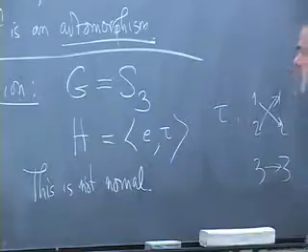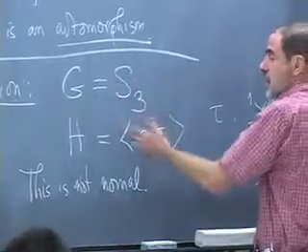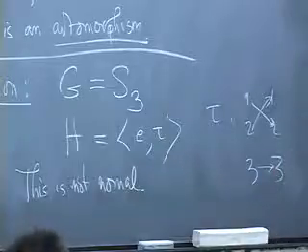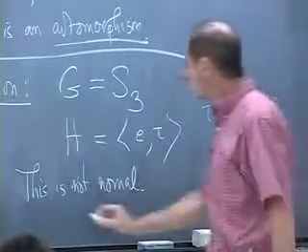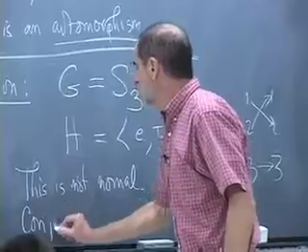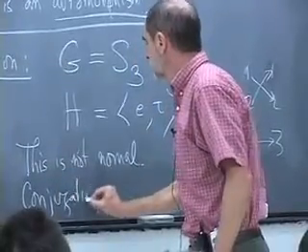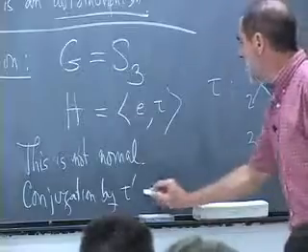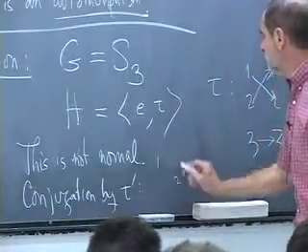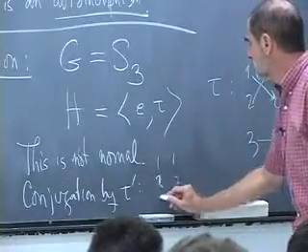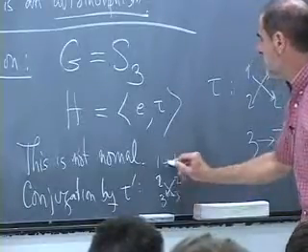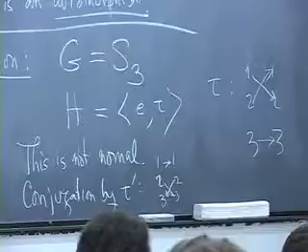So you have to find an element in the group that takes this subgroup outside of itself. Let's try conjugation by tau prime, where tau prime is the element that switches 2 and 3 and fixes 1.